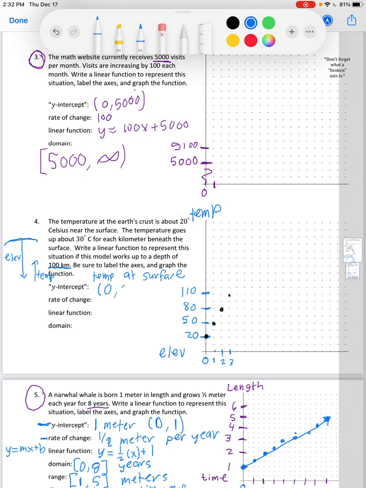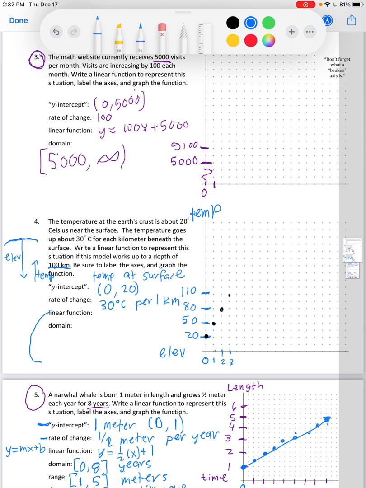So we could write that as this point. The rate of change, well, as we go down 1 kilometer, the temperature increases. So it's 30 degrees Celsius per kilometer.